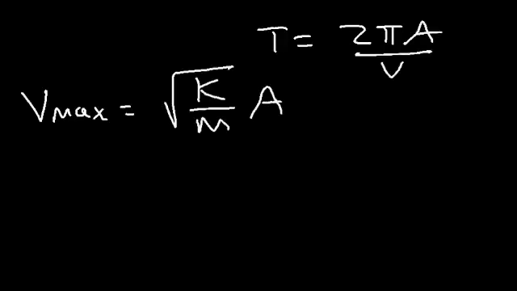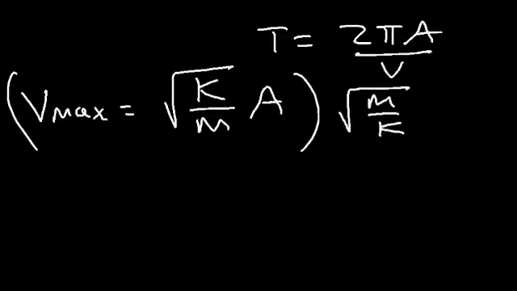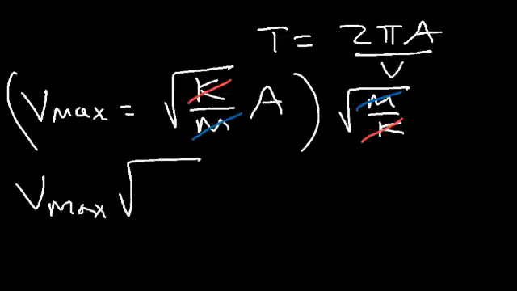So to solve for a, we can multiply both sides by the square root of m divided by k, so that k will cancel on the right and m will cancel as well. So v times the square root of m over k is equal to a.